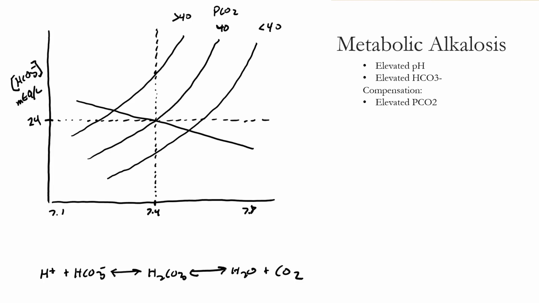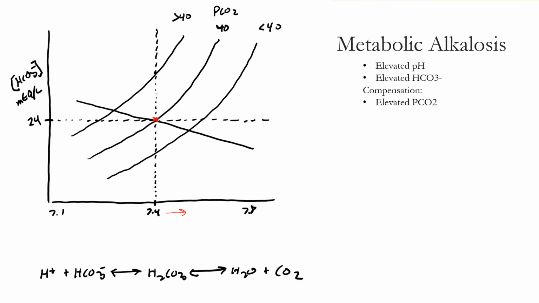Now, metabolic alkalosis. Again, here's our starting point, right here in the center on our Davenport diagram. And if this is now alkalosis, we are going to be shifting in this direction here because we're becoming more alkalotic.